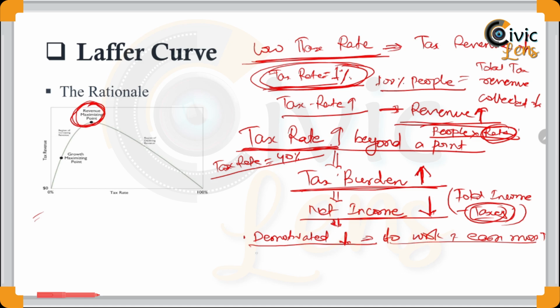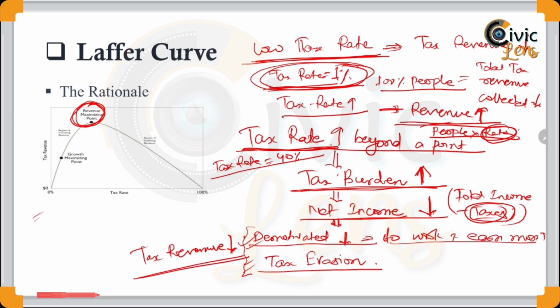Or people and businesses may start applying techniques to evade the taxes. So in either case, tax revenue will be hit and will become low, because either people are not working or they are applying techniques of tax evasion. In any case, tax revenue will come down.